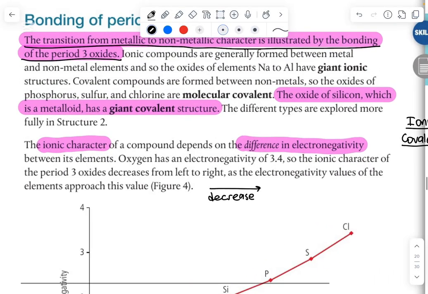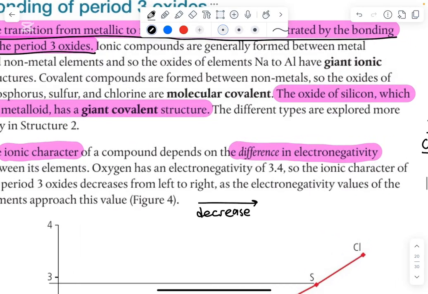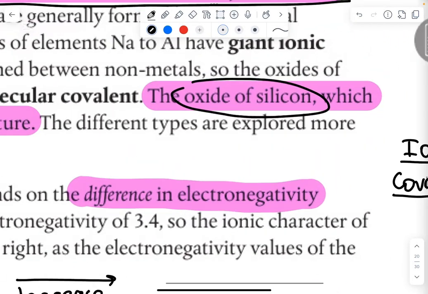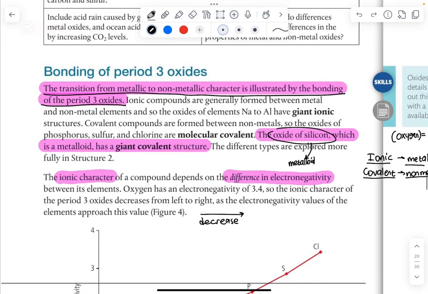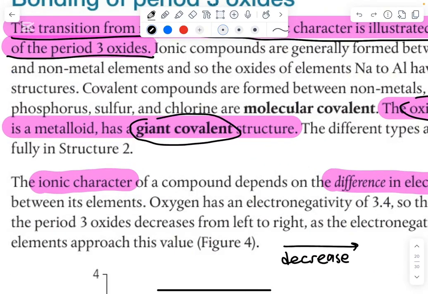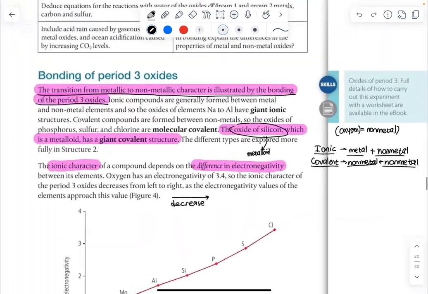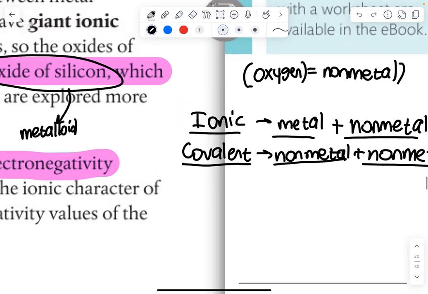An interesting exception is the oxide of silicon. Recall that silicon is a metalloid. It's kind of in between a metal and a nonmetal. It produces a giant covalent structure. Let's remember what structures ionic and covalent substances produce.